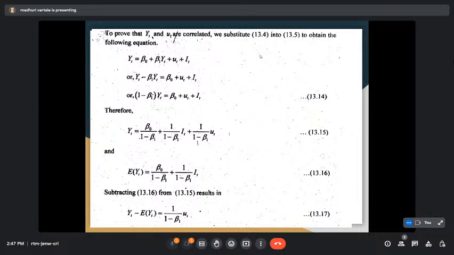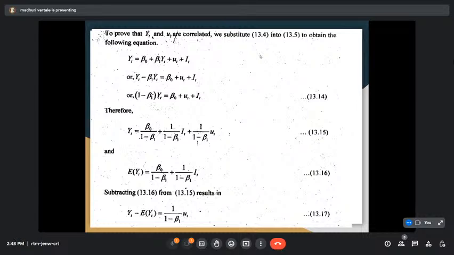So we separate those terms and make the equation 1 minus beta 1 into yt is equal to beta 0 plus ut plus it. Therefore, the yt value we can estimate as beta 0 divided by 1 minus beta 1, plus 1 upon 1 minus beta 1 it, plus 1 upon 1 minus beta 1 ut.